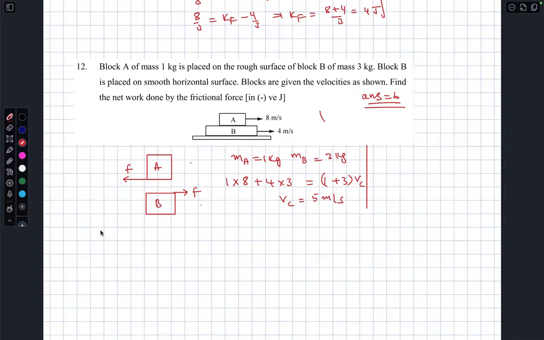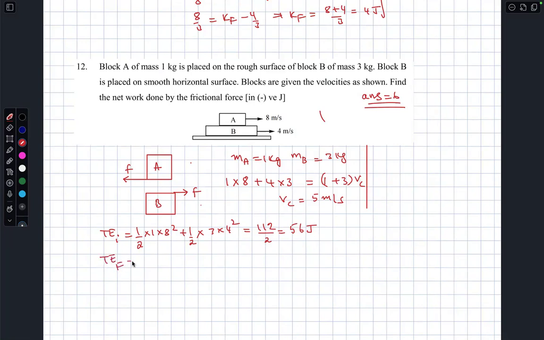So what was the total energy initially? Total energy initially is half into 1 into 8 square plus half into 3 into 4 square. 64, and 16 3s are 48. 48 plus 64 is 112. 112 by 2, which is nothing but 56 joules.